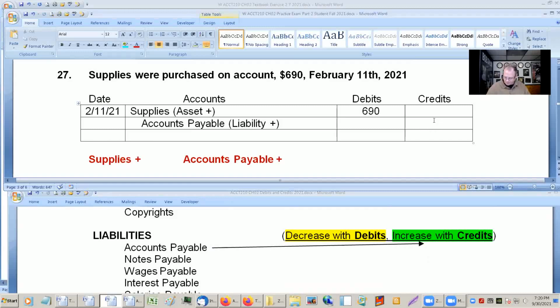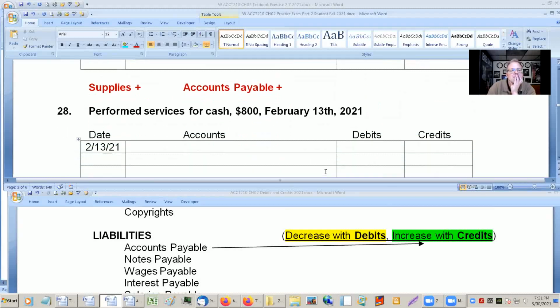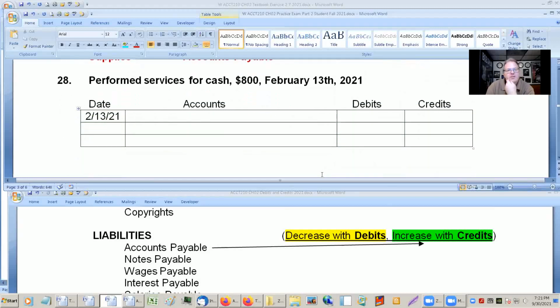Perform services for cash. So cash is going to be one of them.